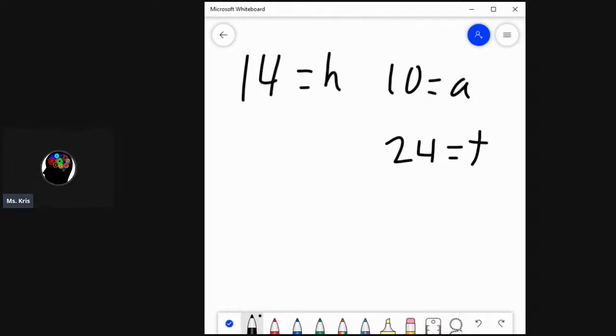So now the ratio from home to away simply means you are going to take 14 and put it over 10. Anytime you're dealing with a ratio, the first word or first group is what you put as your numerator, and the second group as your denominator.